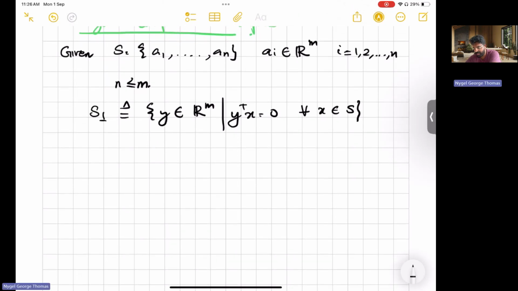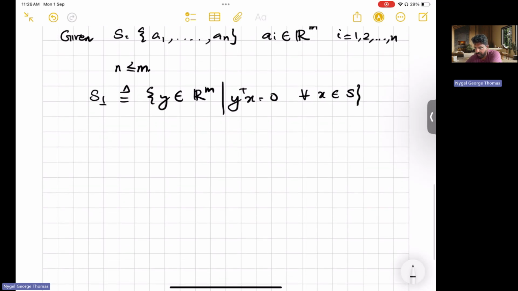So we have n vectors. x is one of those vectors which belongs to the set S. You took that vector and took the dot product with another vector, the inner product, the generalized inner product, and you got 0.